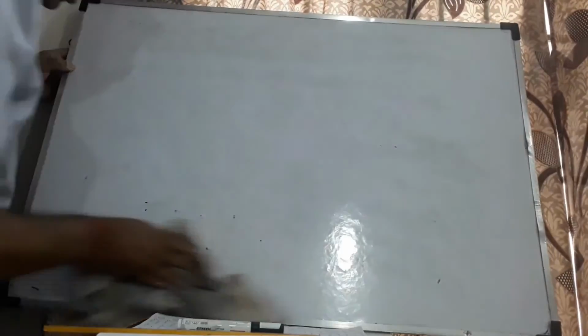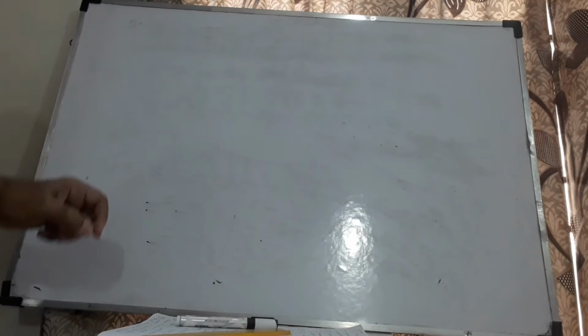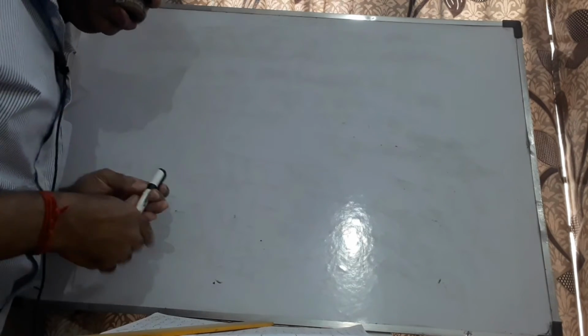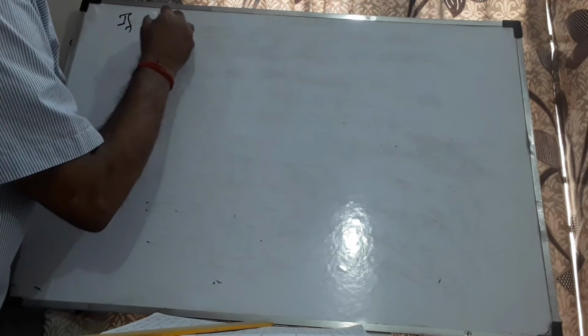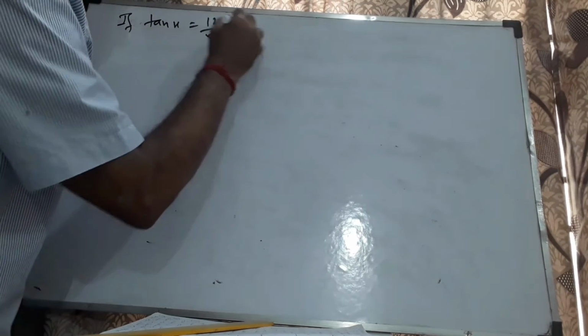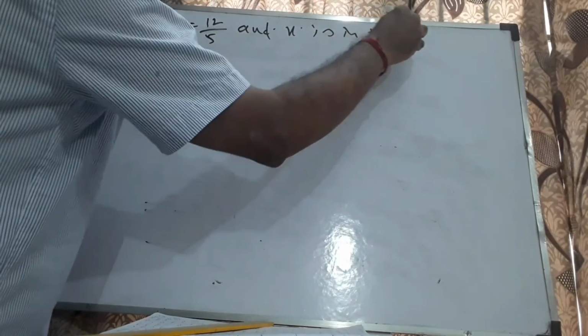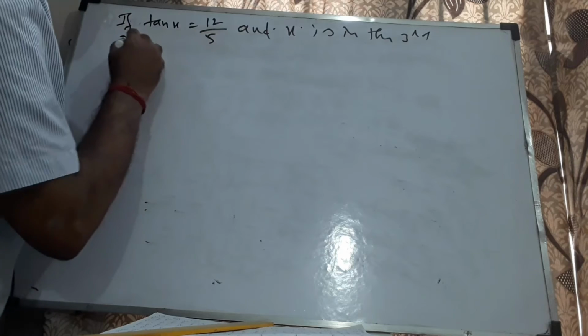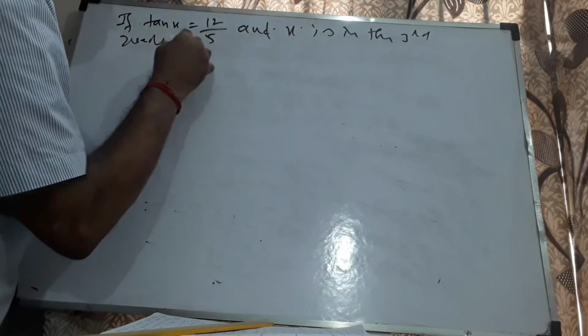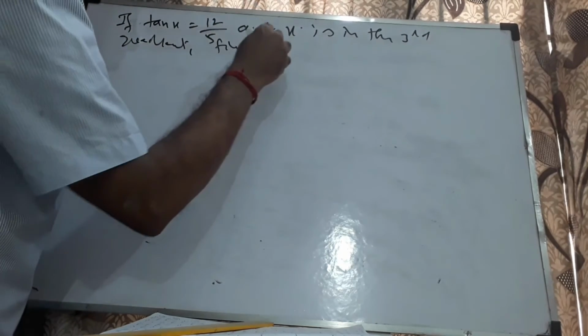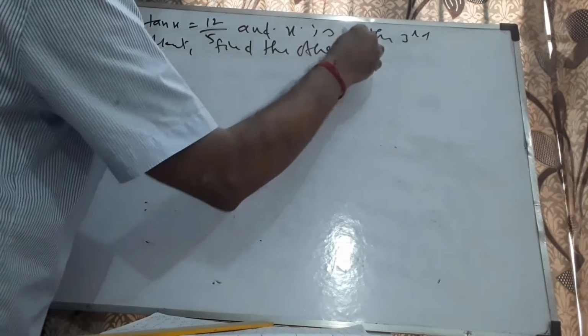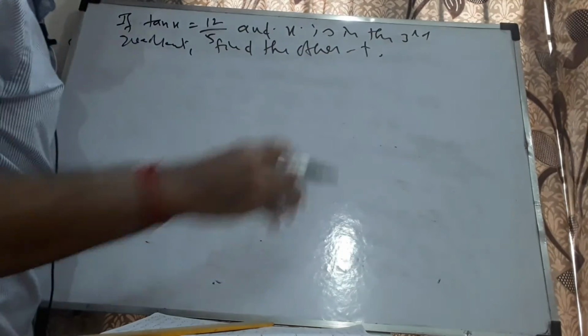I'll take one more problem, a similar problem, just listen carefully. Let me just think over one more problem. If tan x is equal to 12 by 5 and x is in the third quadrant, find the other trigonometric values.